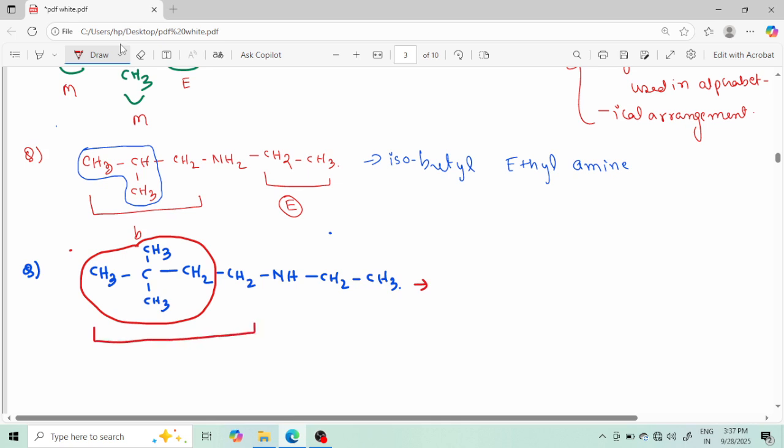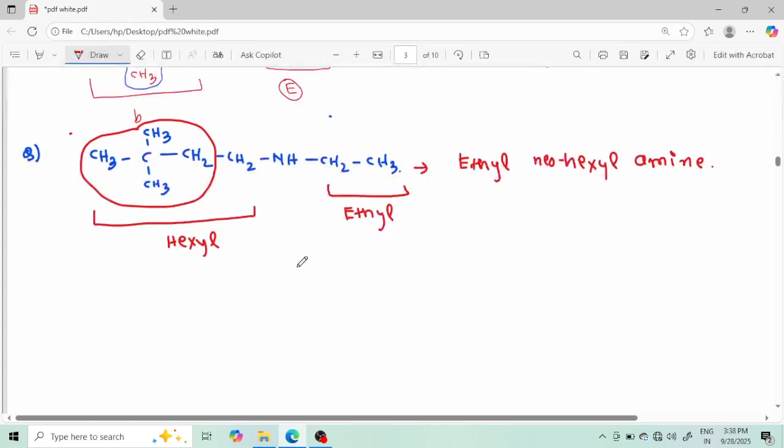How many carbons are there? 1, 2, 3, 4, 5, 6. So I can say it's hexyl, and this one is ethyl. Alphabetically E comes first, so I will write ethyl. For this one I will write hexyl, but before hexyl I will add the word neo, hexyl, and then amine. So ethyl, neohexyl, amine. That's the answer for this common name. Alright, now let's do a few more examples.